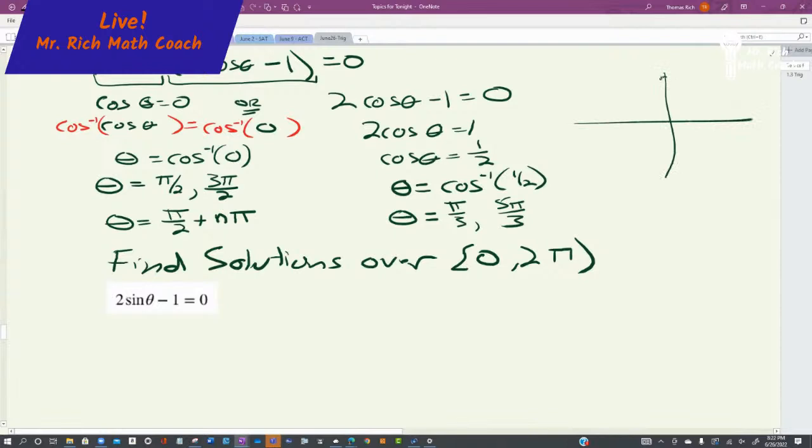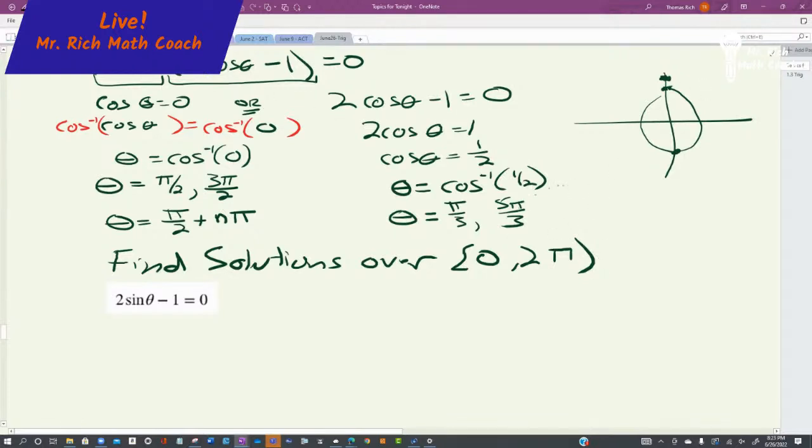Because I know up here at 90 degrees, cosine is going to be 0. And then I rotate another 180 degrees down here at 3 pi over 2. And then if I go another 180 degrees, it's going to be again back here. So every 180 degrees or every pi radians, I'm going to have a solution to that equation.